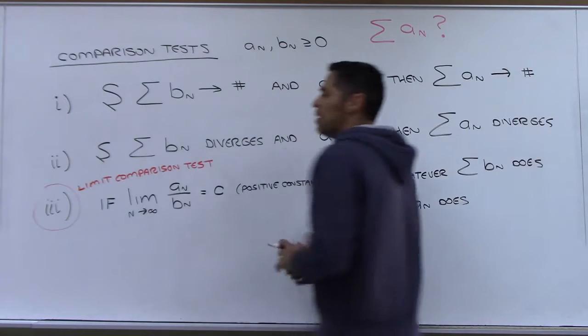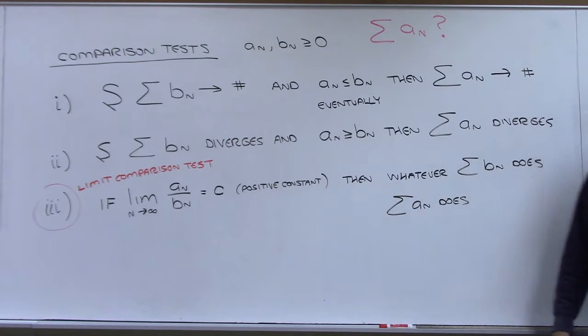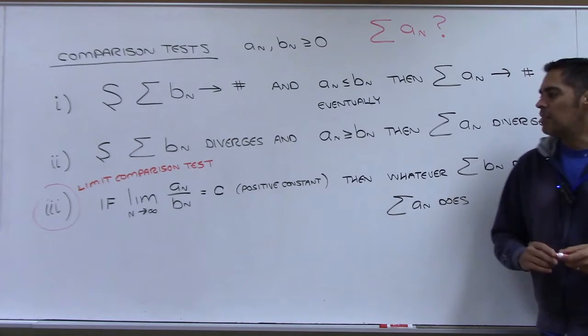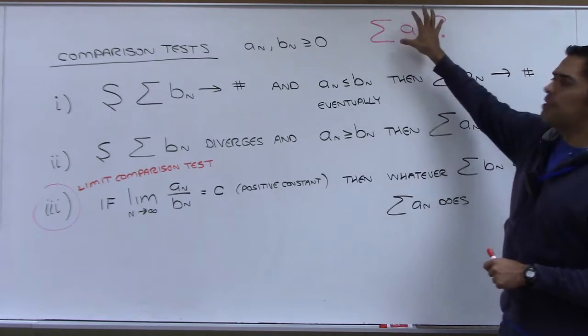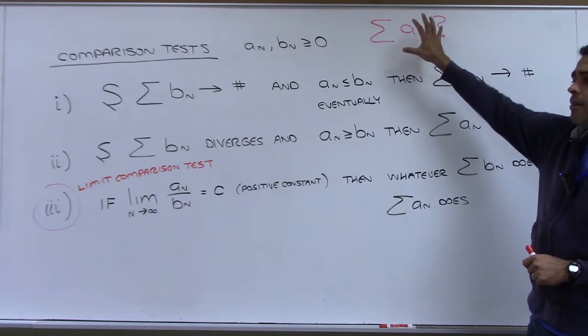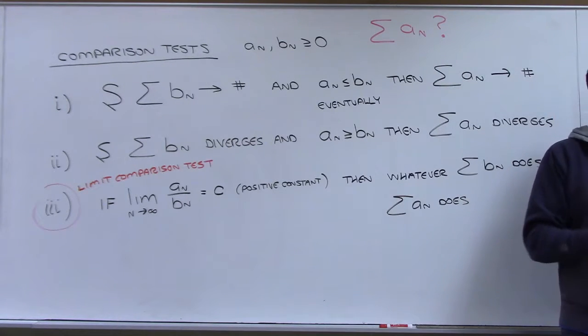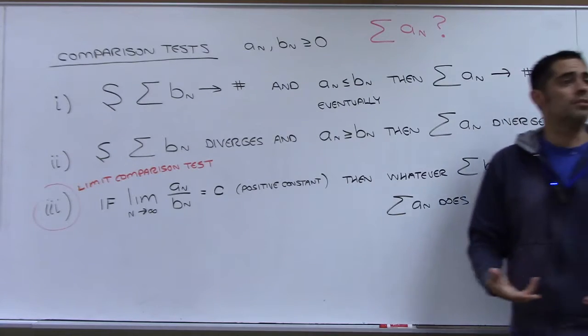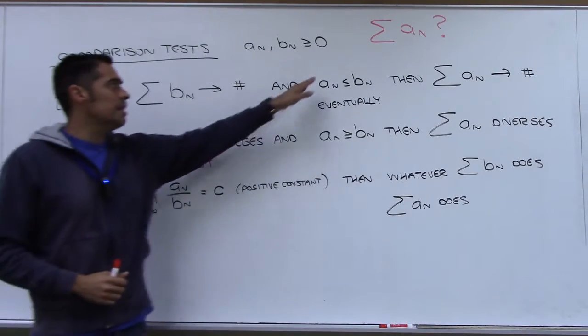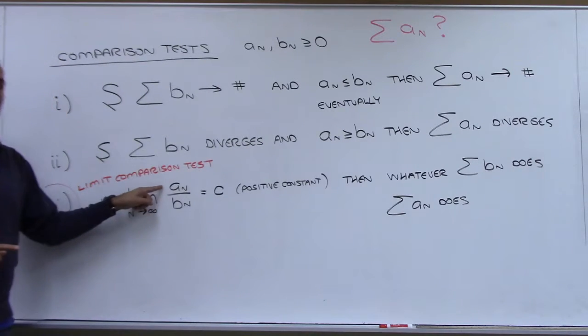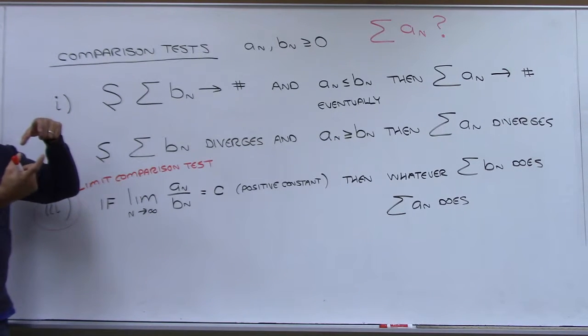And that's because we are going to use a limit to figure out what happens. So look, this is very different than these two. You still have the series that you're trying to figure out. You still have to come up with another series to compare it to. But instead of trying to do the inequality, all you have to do is take the limit of the 2 sequences on top of each other.